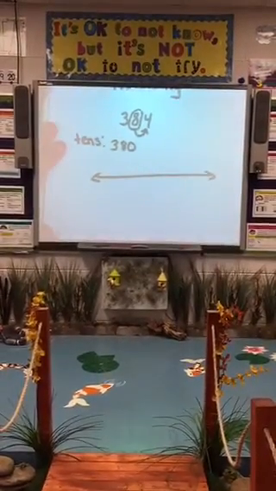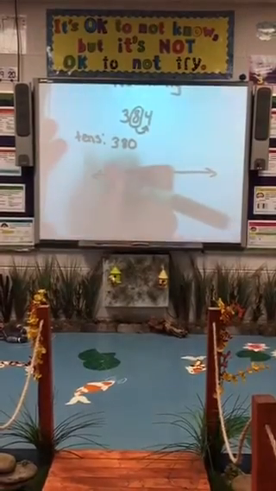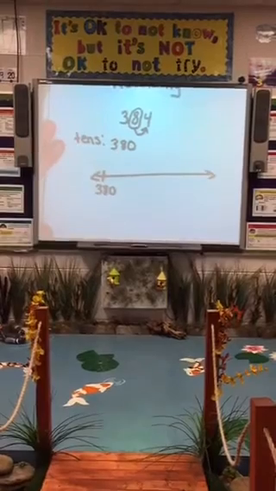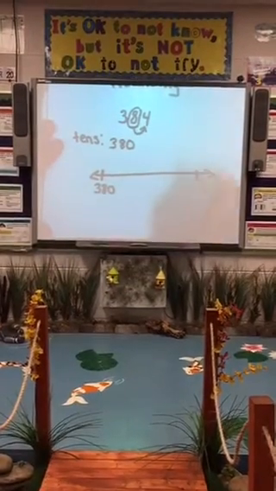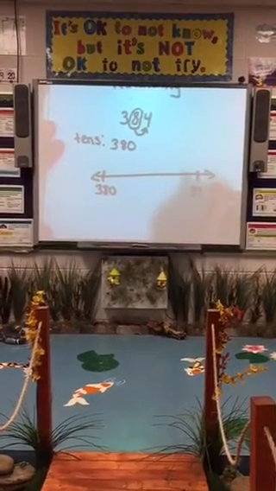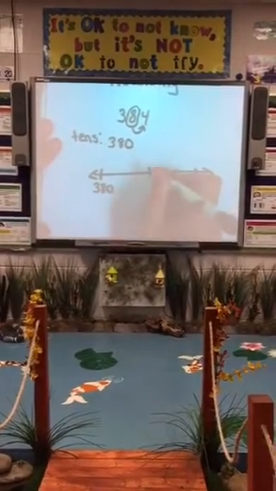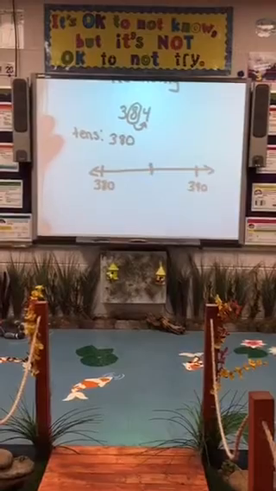Alright, on my number line, if I was going to round down, my answer would have been 380. If I was going to round up, the answer would have been 390. Alright, in the middle, the number that comes in the middle is 385.